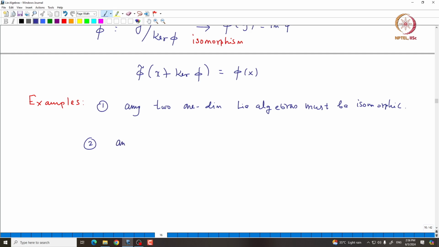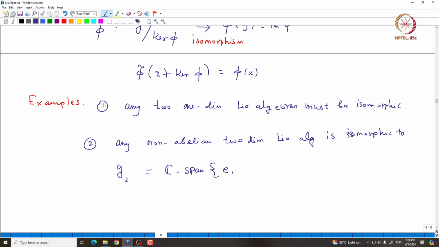Okay. So, any non-abelian two dimensional Lie algebra is isomorphic to the following Lie algebra, which we denote by G2. This is the C span of E11, E12 which sits inside GL2.